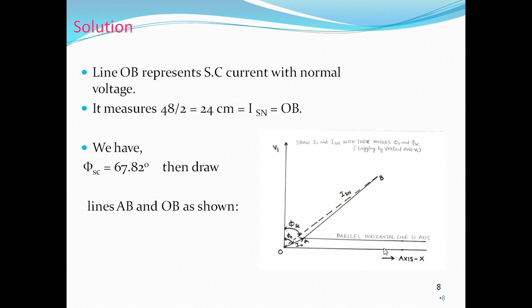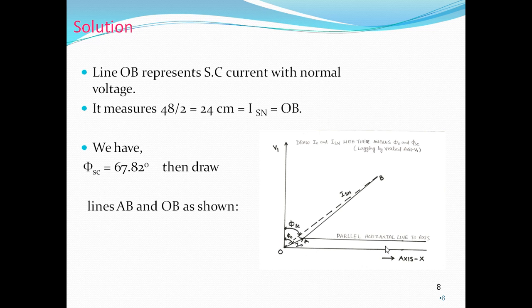Then you join A and B. So after joining that, from A you draw a line parallel to OX. After drawing this OX parallel line, now we got points A and B.